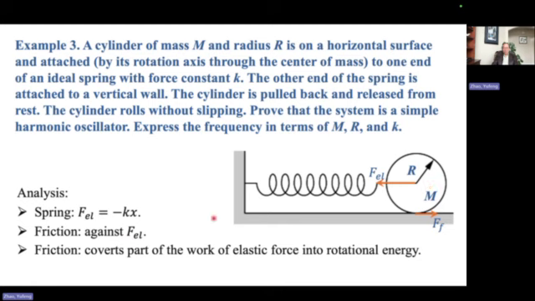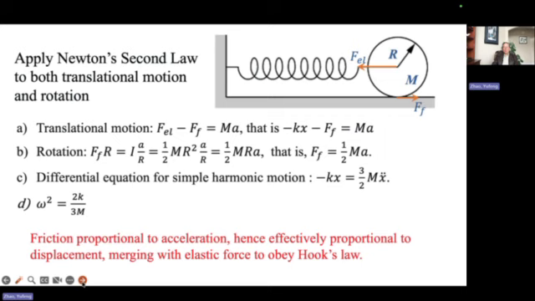So based on this analysis, let's see how we can solve this problem mathematically. Apply Newton's second law again to both the translational motion and the rotation. The two forces here we already analyzed: one is the elastic force of the spring, the other is the friction force. In translational motion, the two forces are always against each other.